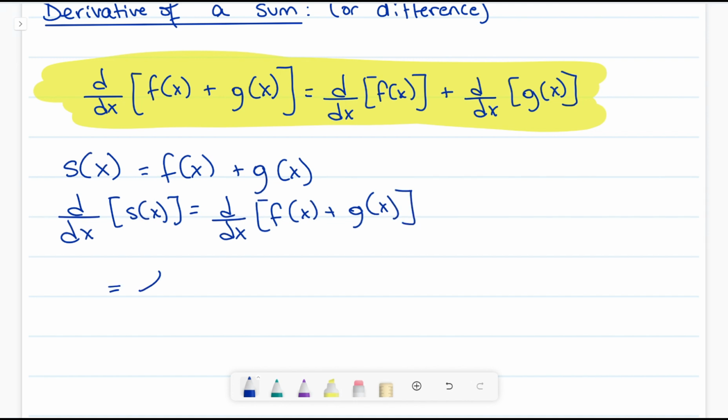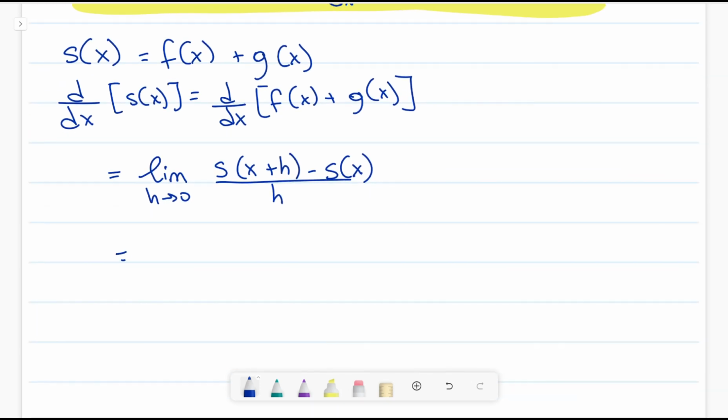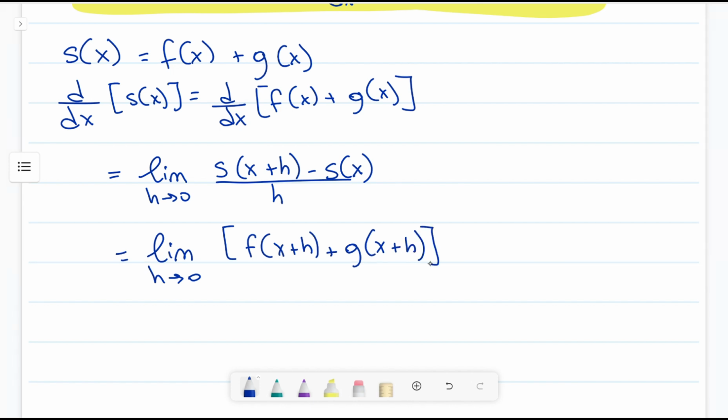Now, as usual, let's go to the definition, which is s of x plus h minus s of x divided by h. Now let's replace what is s of x plus h. This is f of x plus h plus g of x plus h. Now what is s of x?